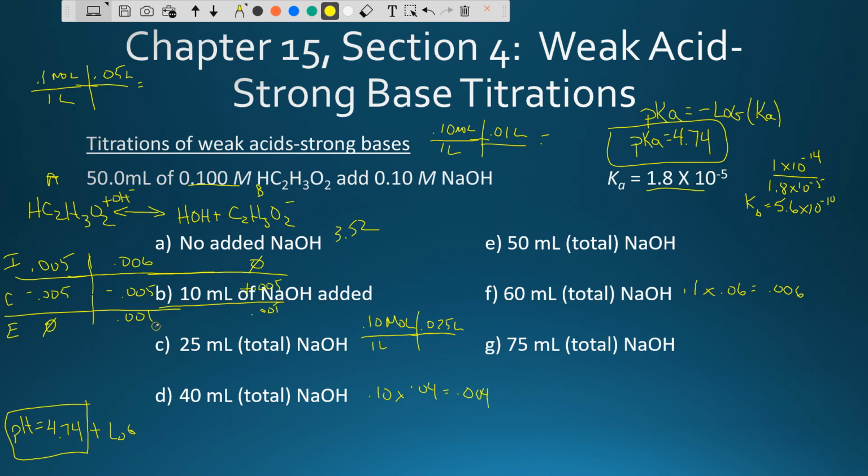Now remember, that's not molarity, that's moles. And so I started with 50 mL, and now I have 60 mL here, and so that gives me 0.110 liters. Okay, so this will give me a value of 0.009, and this will give me a value of 0.045.